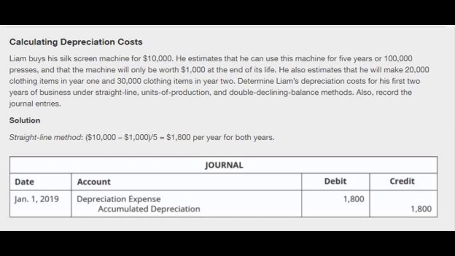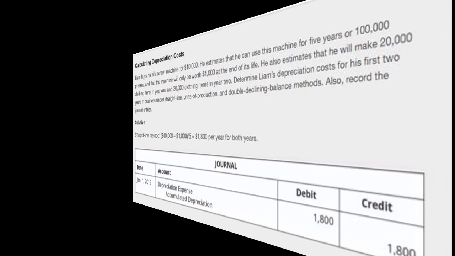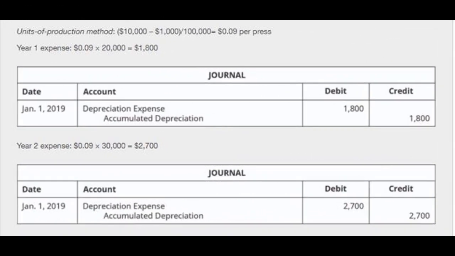Then, as you see in this Your Turn section, we have a different method called the units of production method. What's that all about? Well, it's pretty straightforward conceptually.